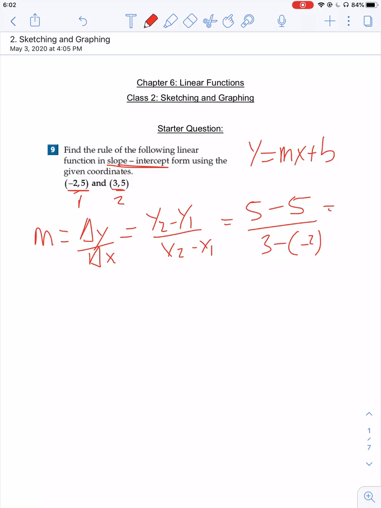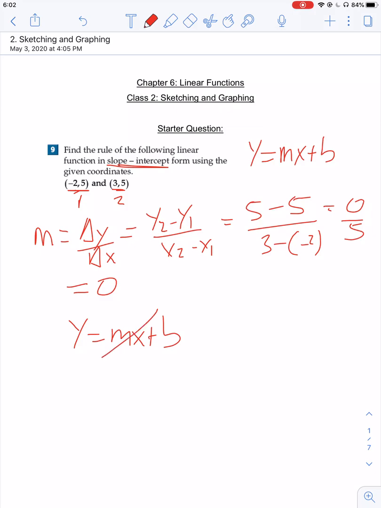So this will just be 0 divided by 5, but whenever your numerator is 0, it doesn't matter what you're dividing it by, your end result will be 0. Okay, so your slope is 0. Because your slope is 0, that means in your function y equals mx plus b, the m is 0, so 0 times x is 0, so this disappears.